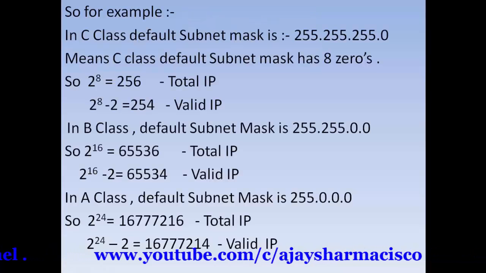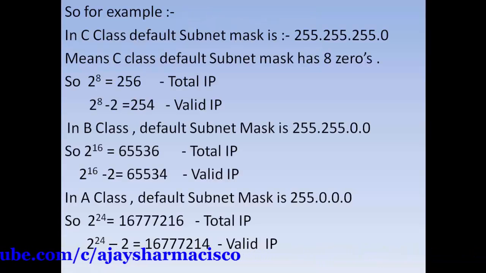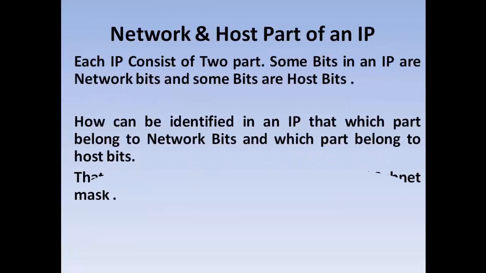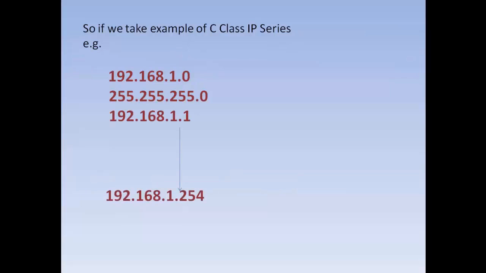In my previous video, I explained the classes of IP, how many total hosts can exist in an IP, and all that stuff. If we go with this part, network and host part, here I have explained, like in C class, this will be the total IP series, 192.168.1.0.